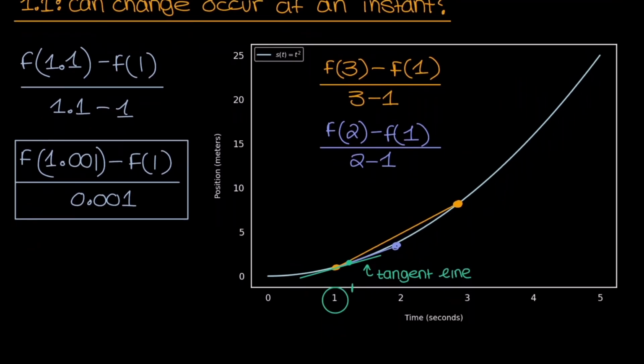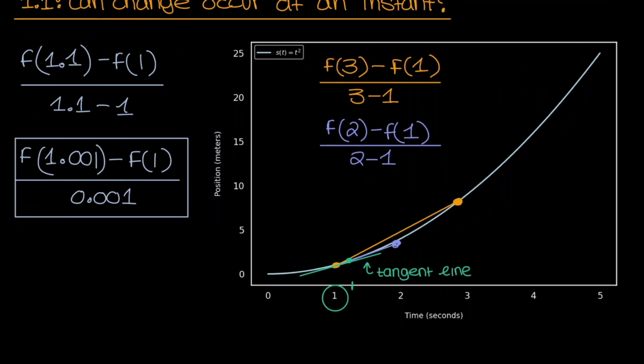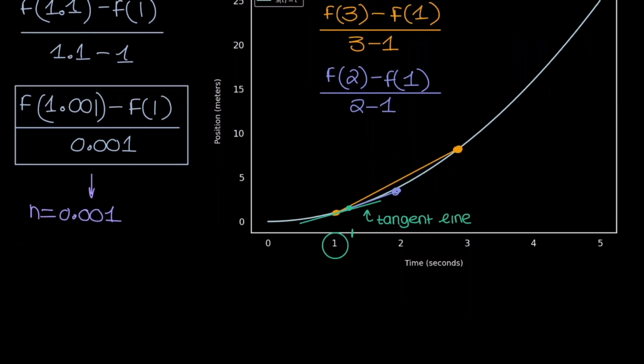Let's rewrite this with a different notation. I'm going to let my change be 0.001, denoted by h. Now if I find my rate of change, let's match colors. So f of 1 plus h. I'm just moving over by little h, and everything else stays the same.